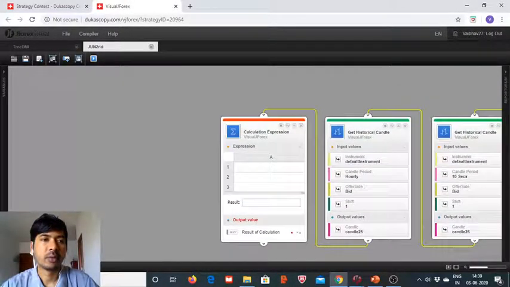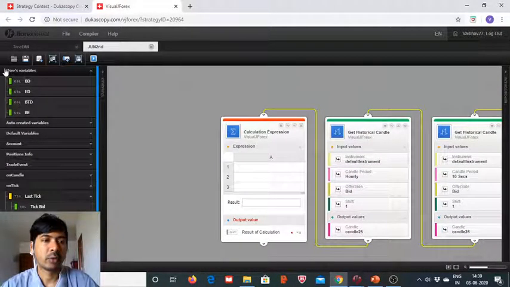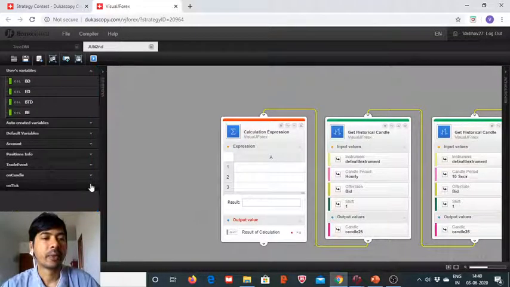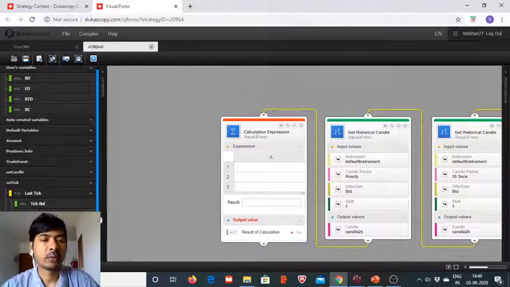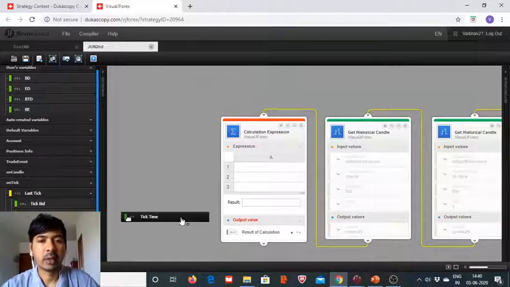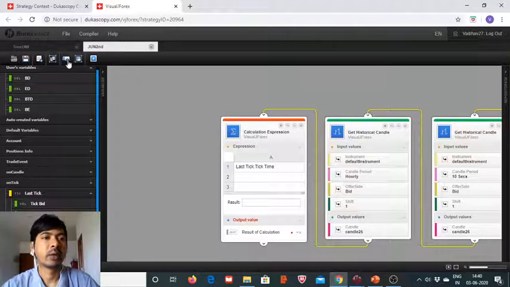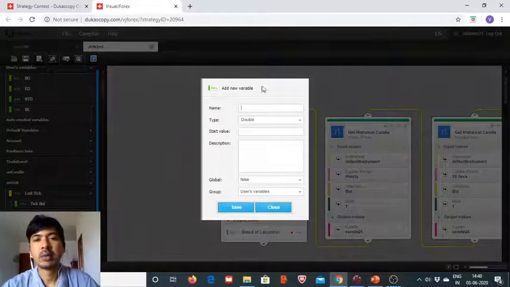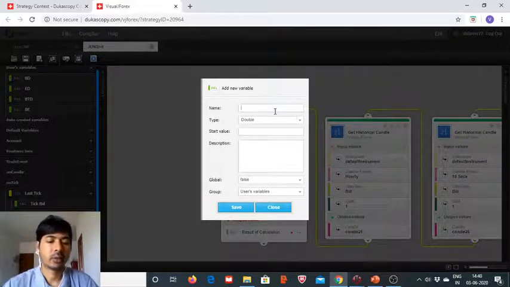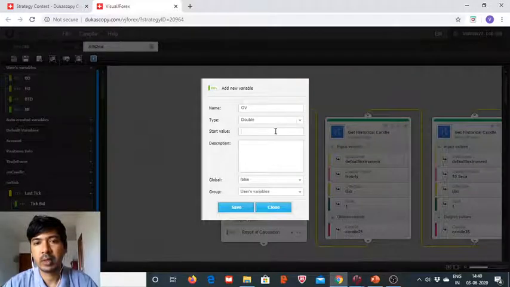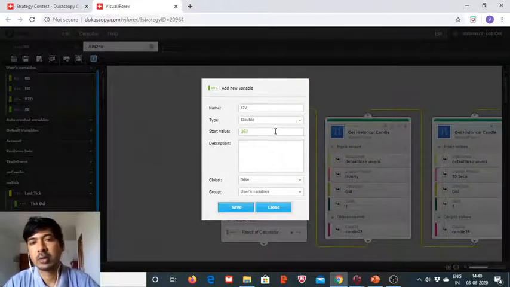So you can reduce it, just you have to change the value of the variable. So we take on tick, last tick time, and then we create variable, and this is going to be v 3.6 millions.